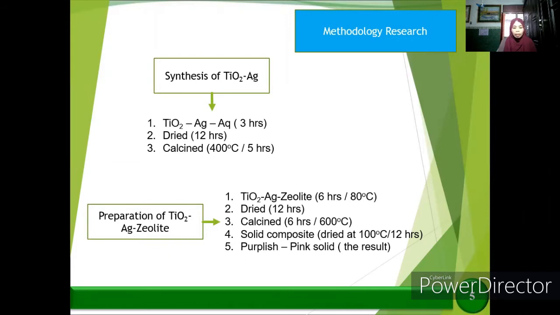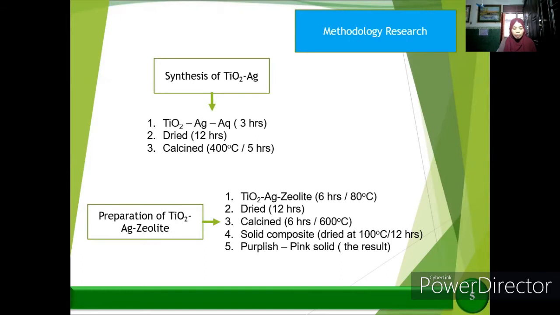And the second work is the preparation of TiO2, silver, and zeolite. The feed was stirred for 6 hours at a temperature of 80 degrees Celsius. The solution was then washed several times and then dried in an oven for 12 hours. After the treatment, the samples were calcined in a furnace for 6 hours at a temperature of 600 degrees Celsius.